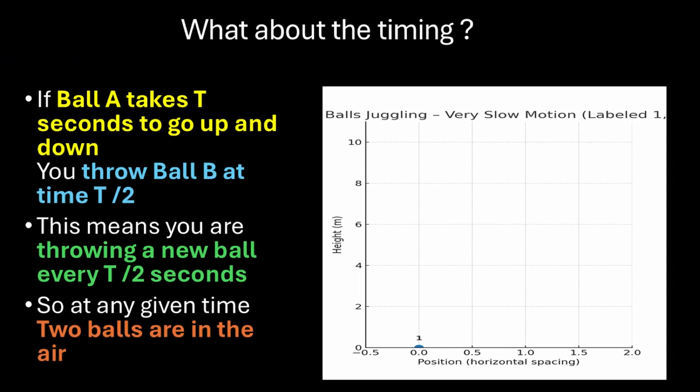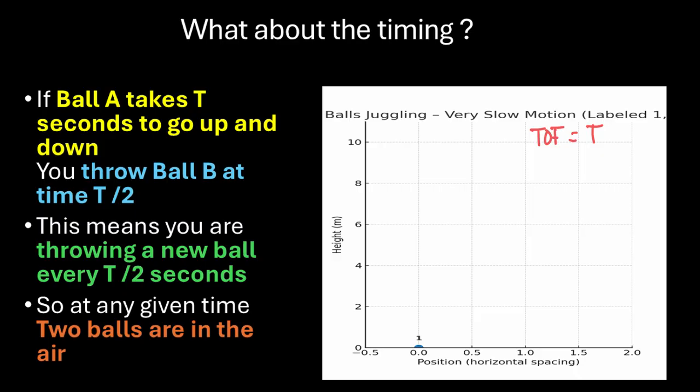Now, what about the timing? If ball A takes t seconds to go up and come down, which means the time of flight is t, you throw ball B at time t by 2.